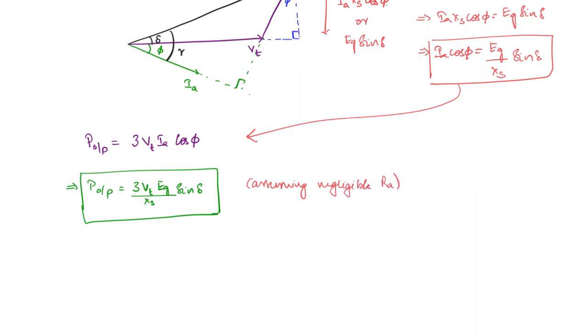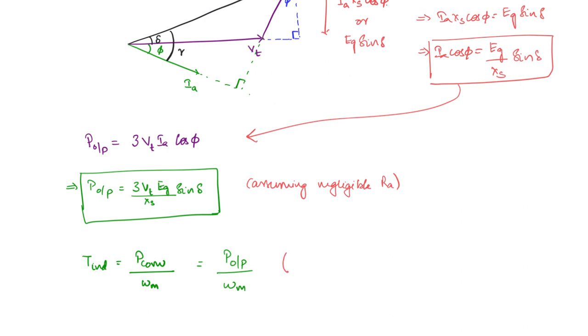Now the induced torque also you can express as the P converted divided by omega m, right? Now since we are assuming negligible armature resistance, there will be no copper losses. In that case, the converted power is simply equal to the output power, right? So you can write down this is equal to P output divided by omega m.